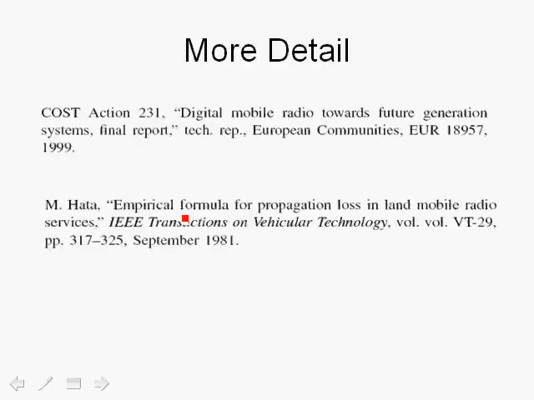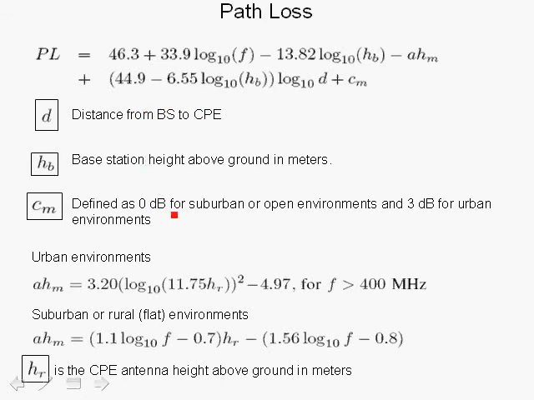For more details, we give you references over here. These two references provide more detail into the model that we're using for mobile, the COST-231 Hata model, and we refer you to these references in order to get more detail. However, based on what we provided in the expressions above, you can actually calculate the path loss suitable for urban or suburban or flat rural environments for a mobile type of situation.